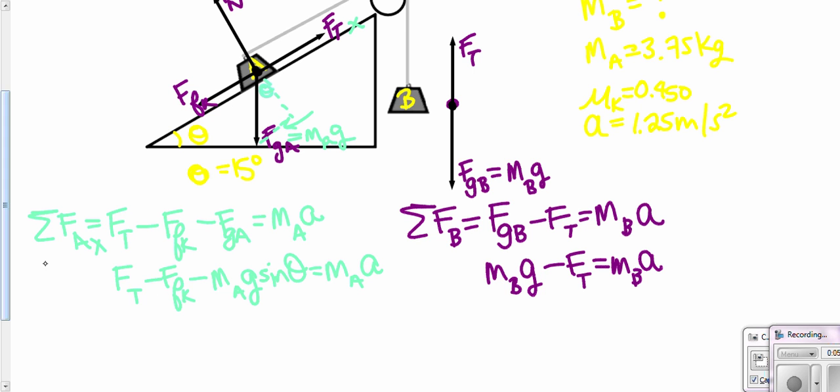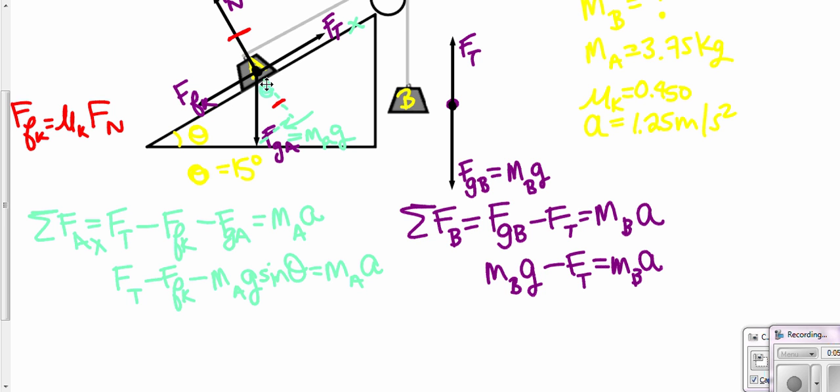Let's figure out friction. Now the generalized formula for friction is mu, in this case K, times the normal force. Ruh-roh, we don't know the normal force. But we can think about that these two should be equal. The normal force is always a compensatory force.